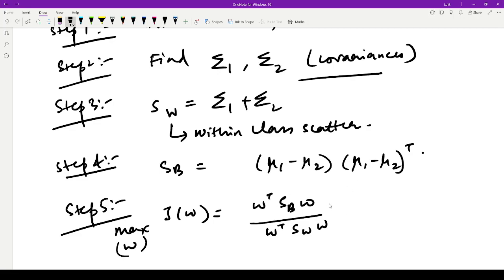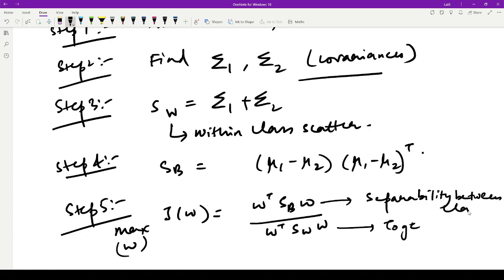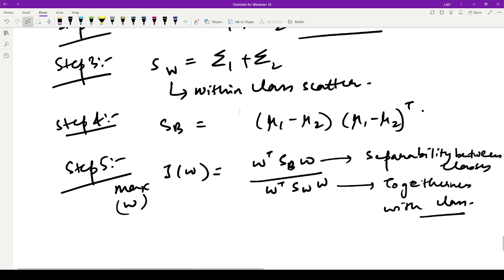That means the numerator tries to get the separability between classes, and the denominator tries to get the togetherness within each class.